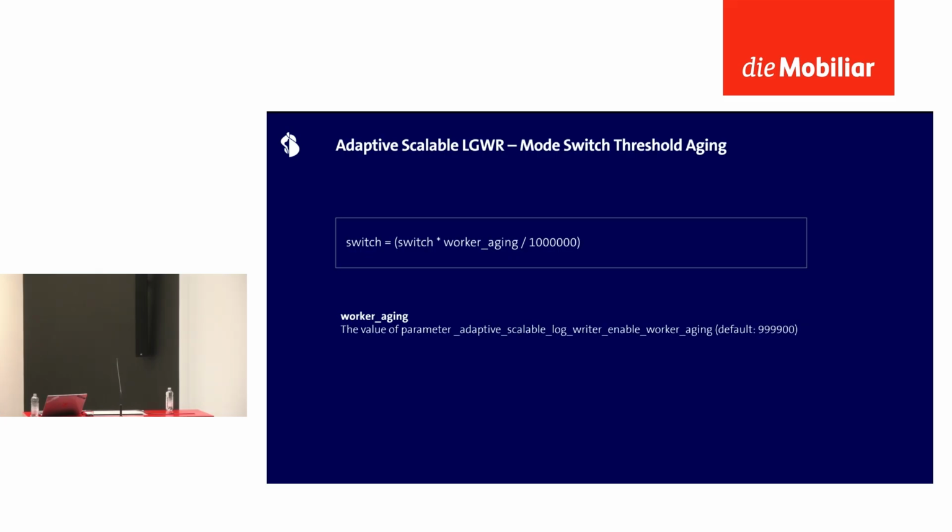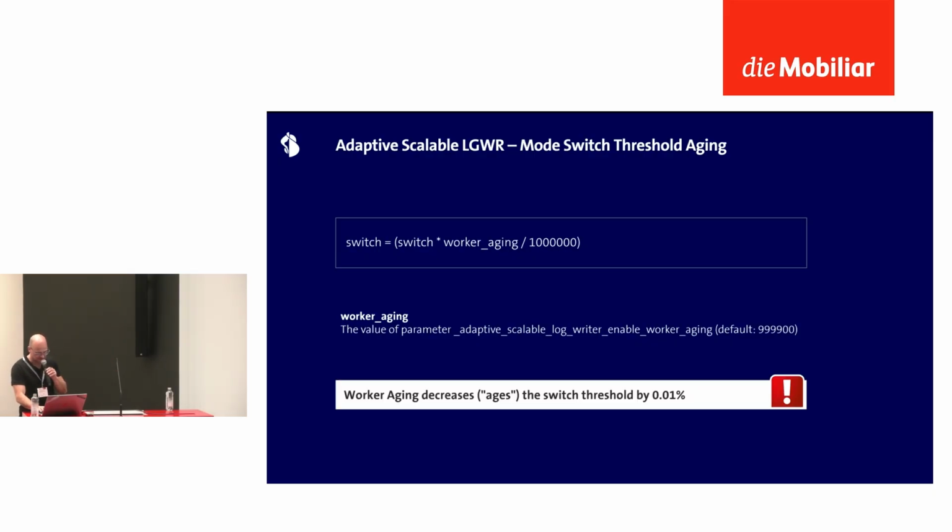This may prevent LogWriter from switching the mode. So I guess that's the reason why they keep on decreasing that value over time. And the way they decrease it is by 0.01% every time when they perform an evaluation if a switch should occur or not.